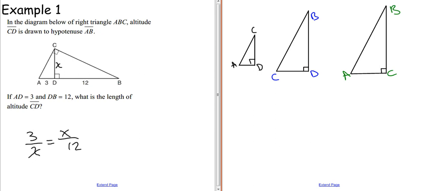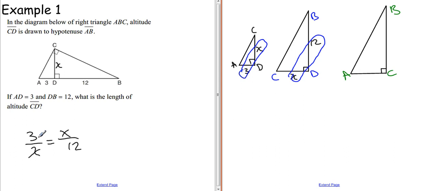Now you're going to notice AD is 3, so I'm going to write 3 here for AD. CD is X, so I'm going to write X here. DB is 12, so I'm going to write 12 here. And CD is X again, so it repeats. And you see right over here, I have a proportion.